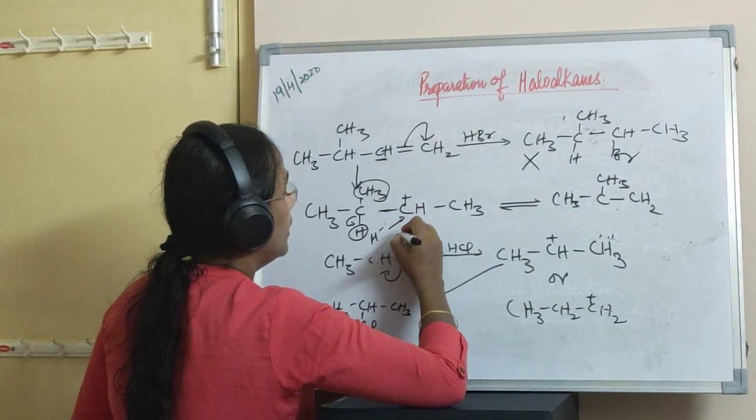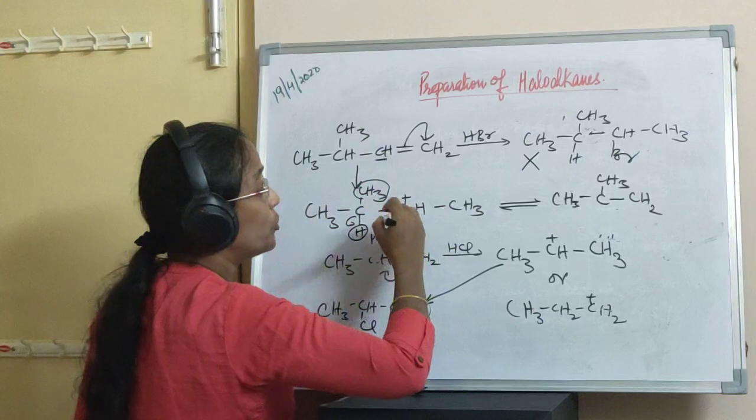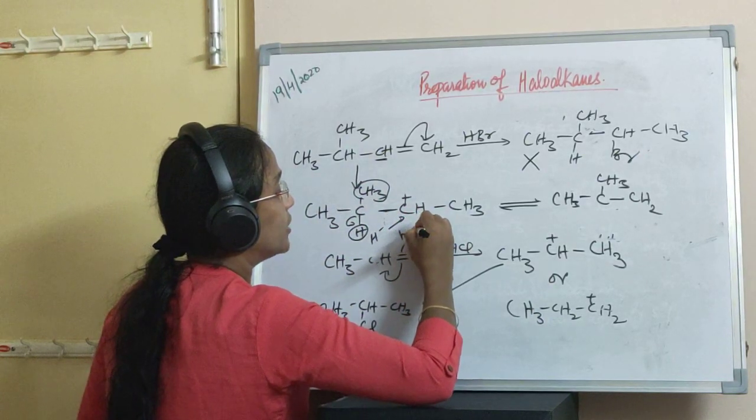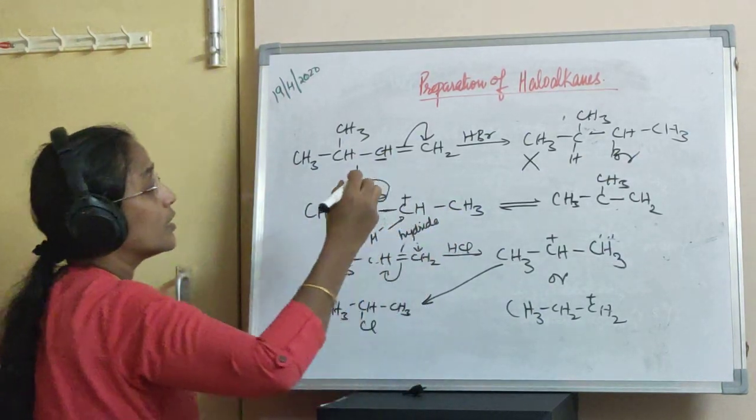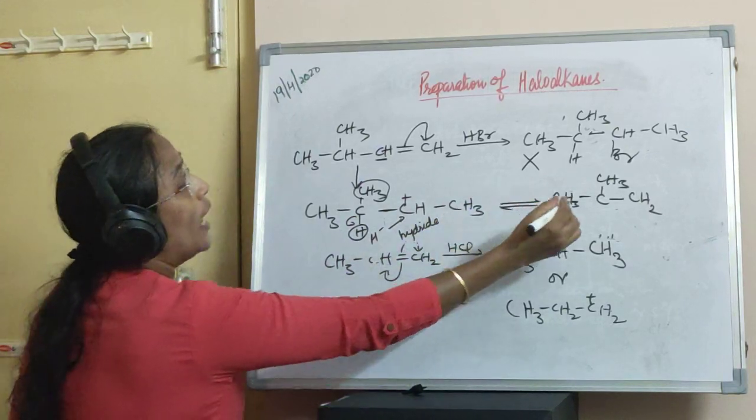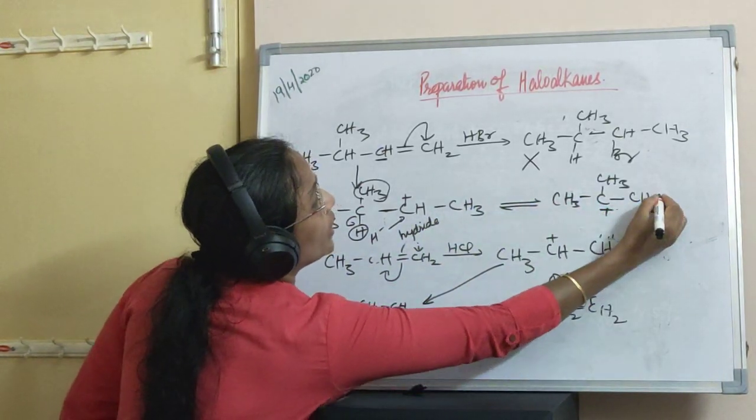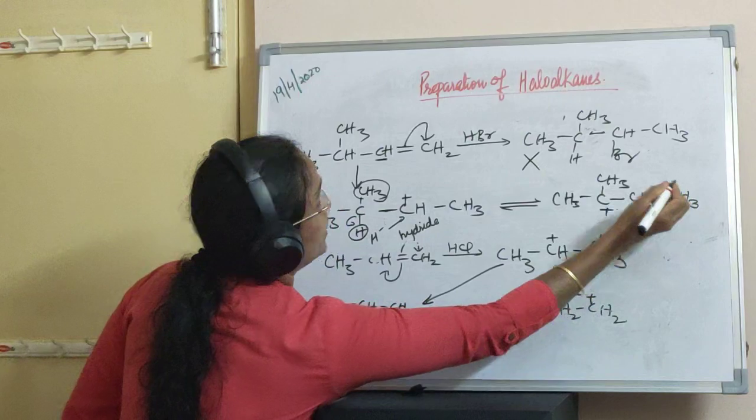So hydride will go here. Hydride is H minus. Hydride, that's why ide is there. The ide suffix is for a negative ion, and it forms a tertiary carbocation here.